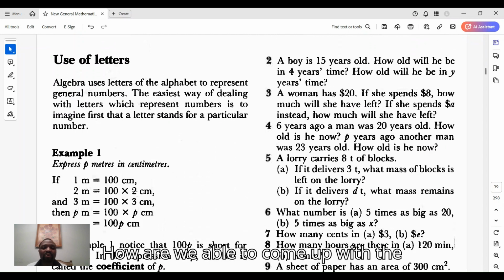How are we able to come up with an algebra expression using letters and numbers?